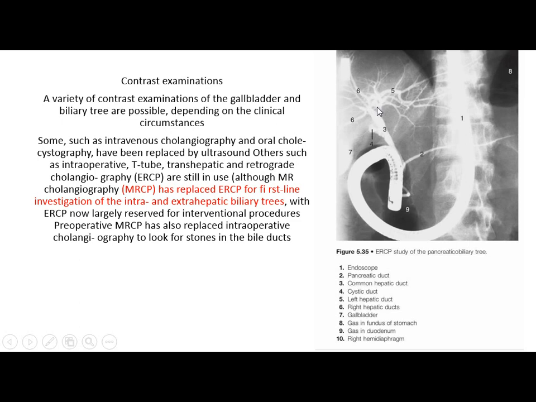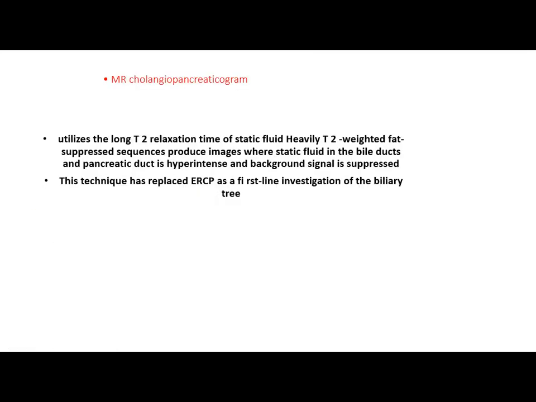This is the common bile duct, this is the left hepatic duct, and this is the right hepatic duct. MR cholangiopancreatography analyzes the long T2 relaxation time of static fluid: a heavily T2 weighted fat suppressed sequence produces an image where the static fluid in the bile duct and pancreatic duct is hyperintense and the background is suppressed.